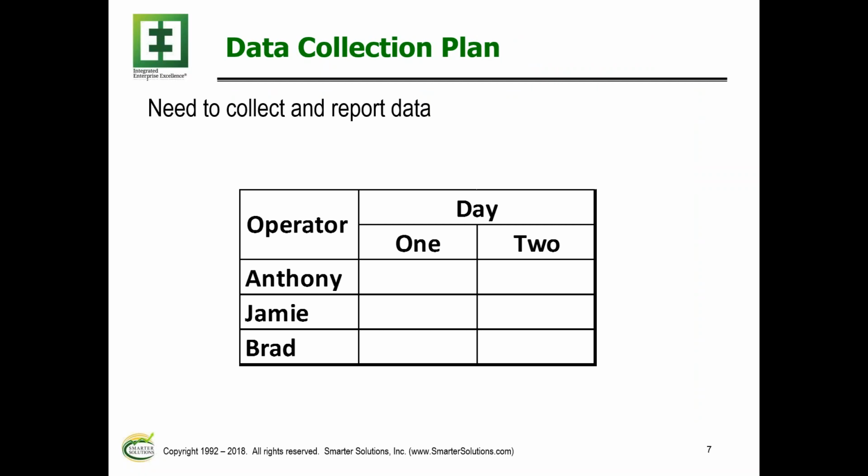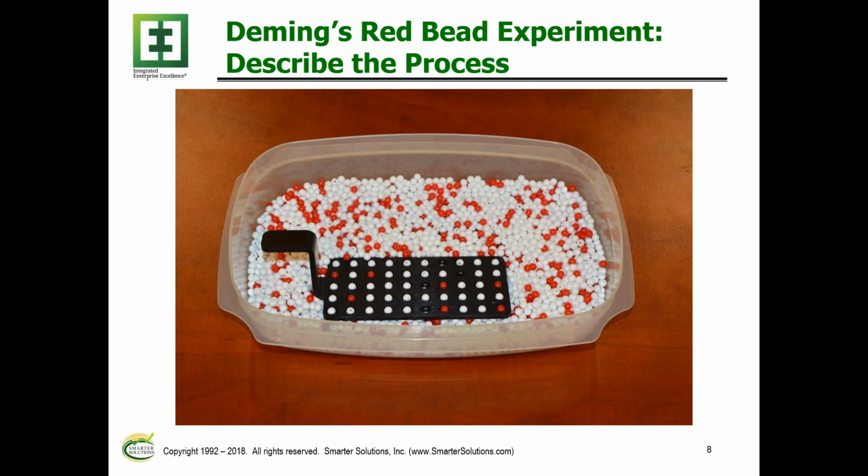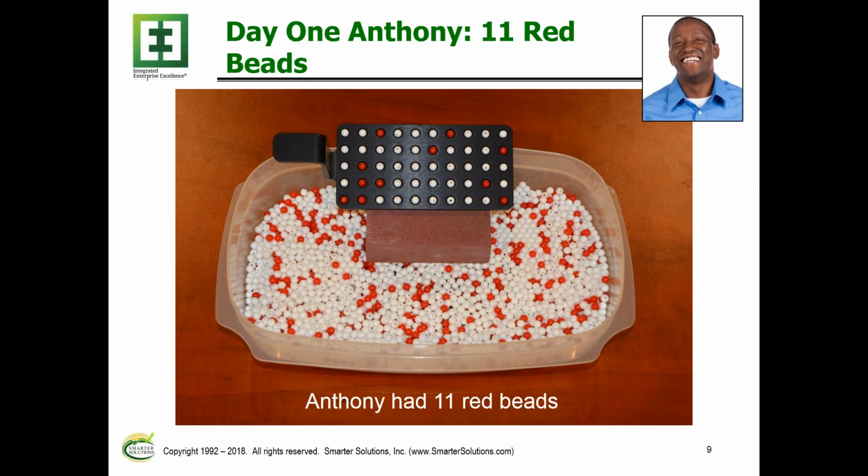I'm going to have basically 3 operators, and I'm going to be conducting this experiment over 2 days. So let's see how operator number 1, Anthony, did relative to putting the paddle into the container, and I hope that he got 3 or less red beads. So let's see how Anthony did.